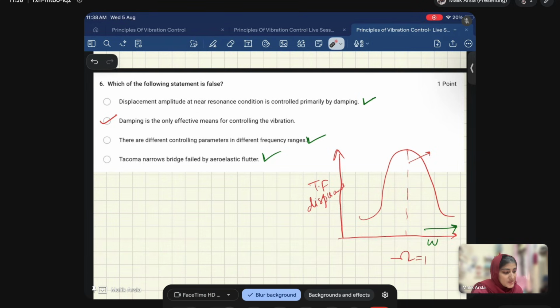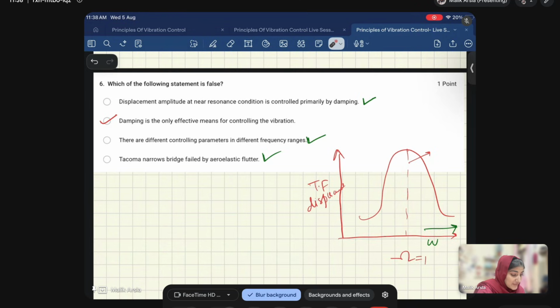So you can solve this analytically also, basically for all the cases. I will simply show it in the graph, because I have done one case for you. You can try it out as well. So you can see that near the resonance condition the displacement amplitude is controlled by damping. So this is the correct option.